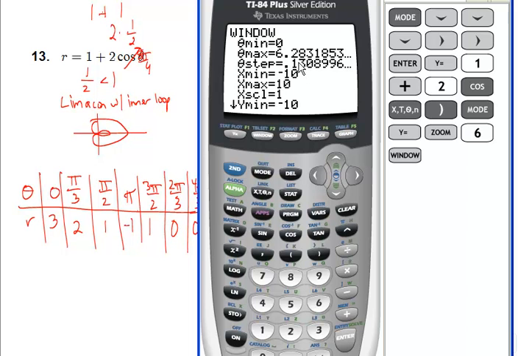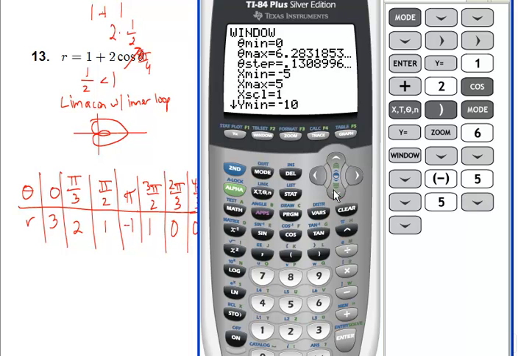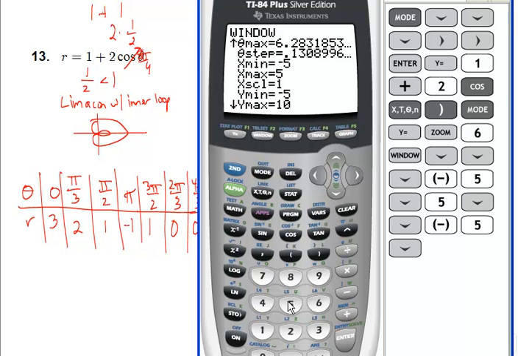But I'm just going to leave the thetas the way they are because this is going to allow theta to sweep through 0 to 2 pi. What I'm interested in changing are the x-mins and the y-mins and the x-maxes and y-maxes because that graph was too big. So let's let our x-min be -5 and our x-max be 5, and let's let our y-min be -5 and our y-max, keep arrowing down and you'll see that y-max show up, be 5.